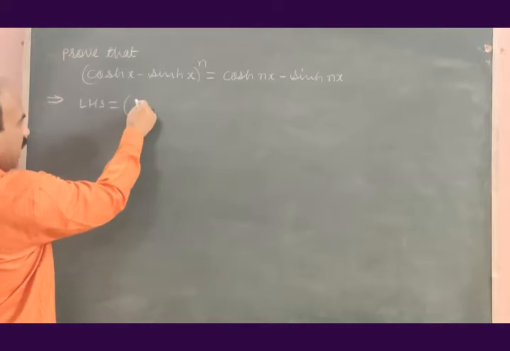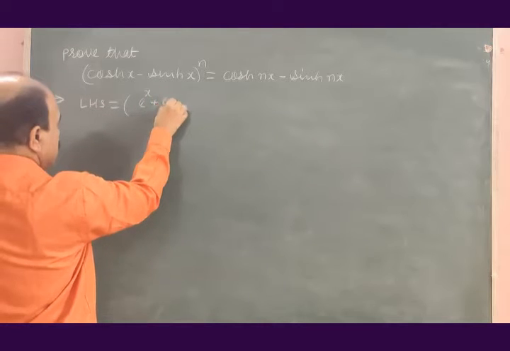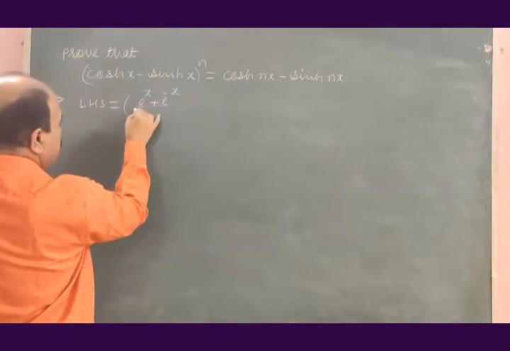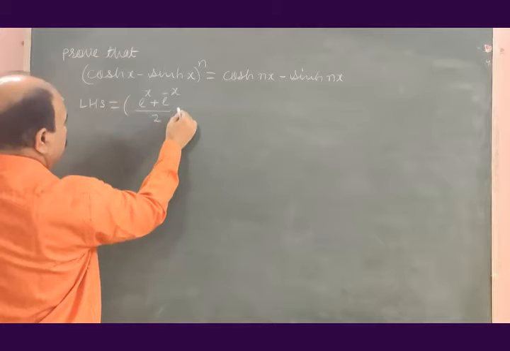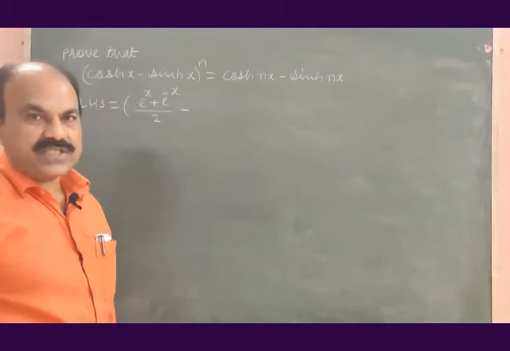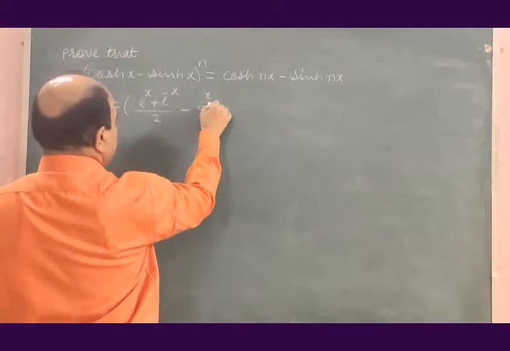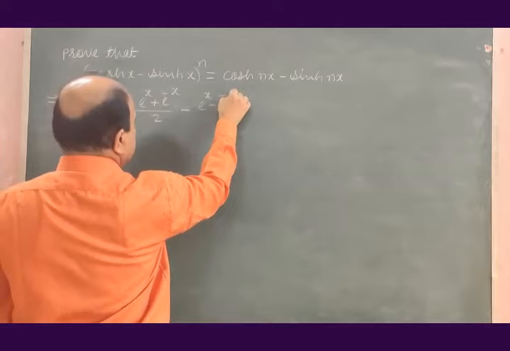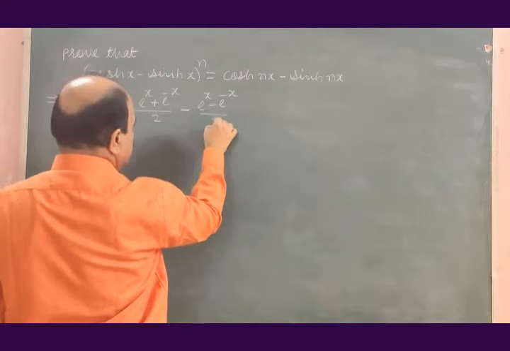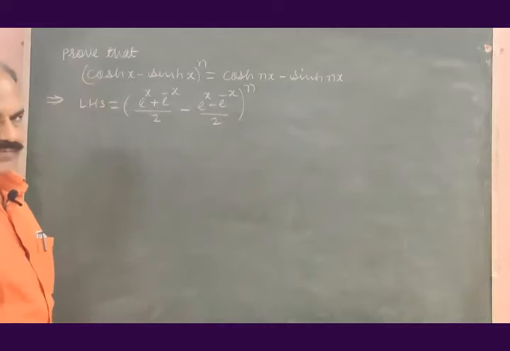For this cos hyperbolic, let me put e to the power x plus e to the power minus x divided by 2 minus, let me put value of this sin hyperbolic x, that will be e to the power x minus e to the power minus x divided by 2, bracket to the power n.